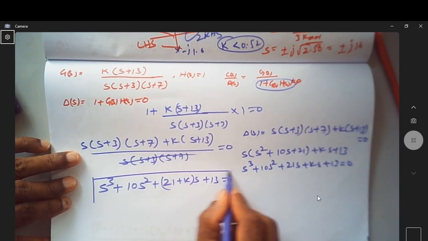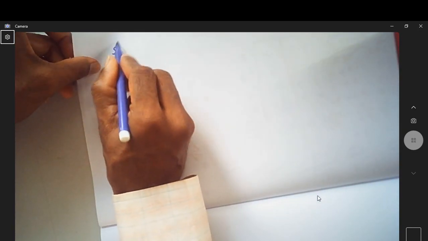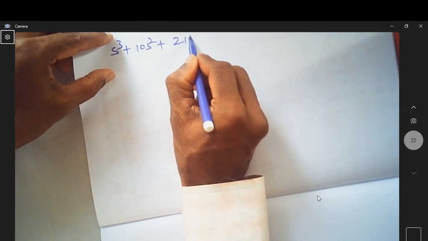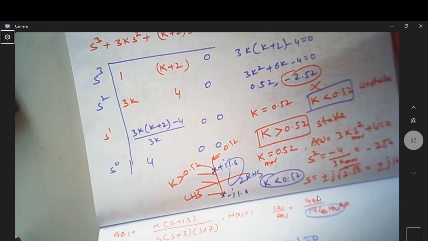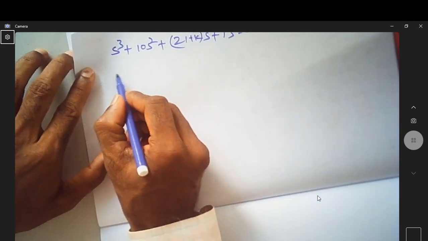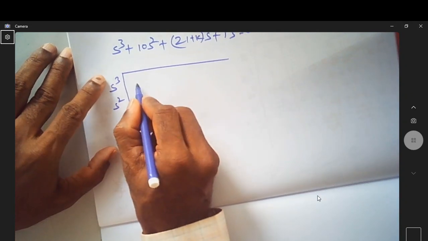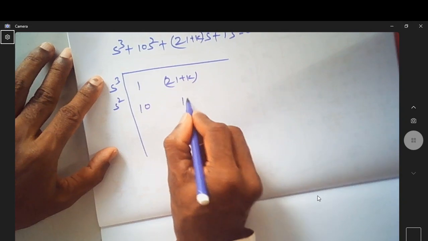So this is my characteristic equation. Now shall we write the Routh array? It is s cube, s square: it is 1, 21 plus k, and 10, 13.